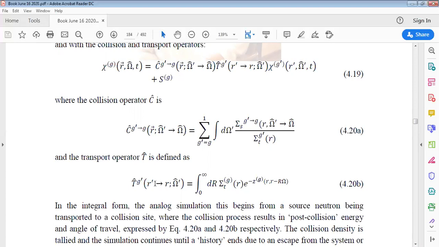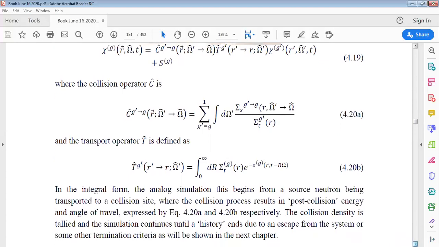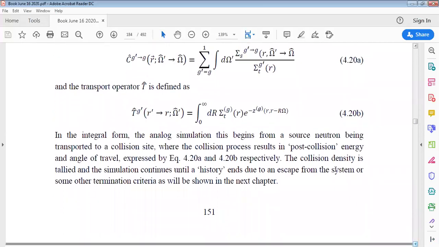That is what takes the transport from r prime into r. And when you look at all the possibilities from where this can happen, then you've got to integrate it from 0 to infinity over R. When capital R is 0, then put 0 over here, so it's small r to r. When capital R is infinity, it's a contribution from far away to r.